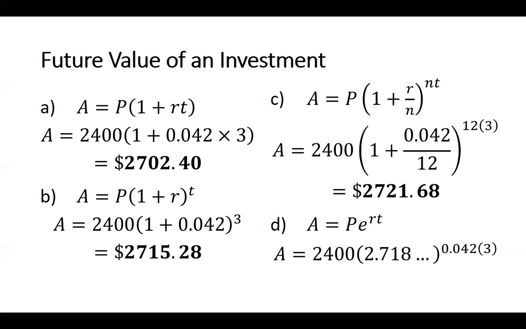Again, order of operations: multiply the exponent first, then take e to that power, then multiply by 2,400, and we come out with $2,722.28. With that, we gained what, 60 cents? So there's not much difference between compounding 12 times per year and compounding continuously.